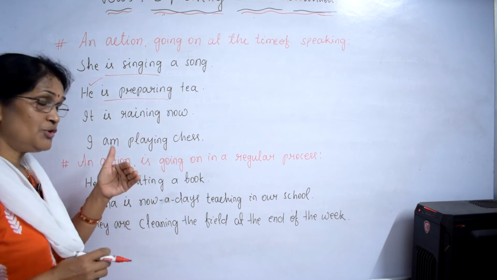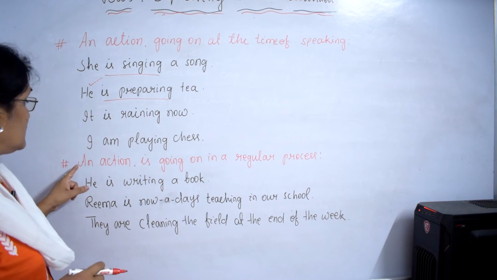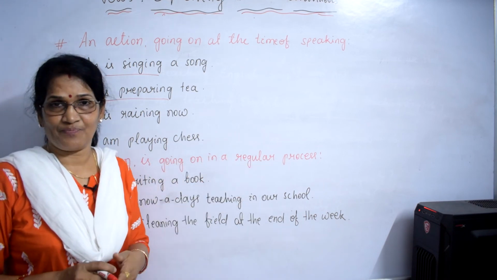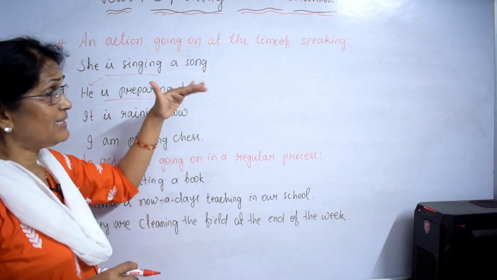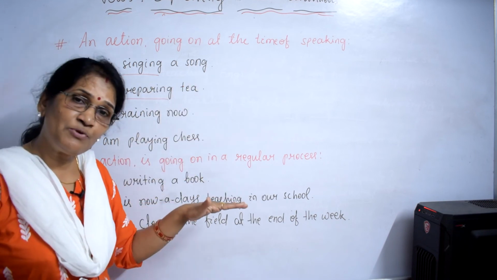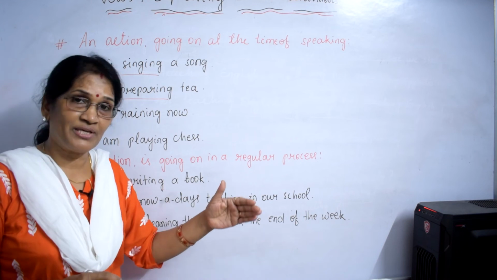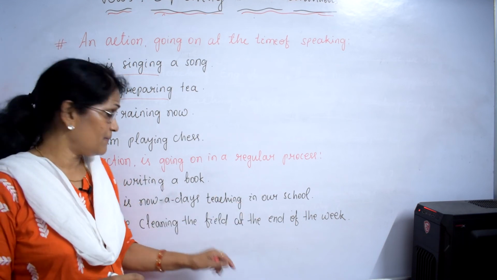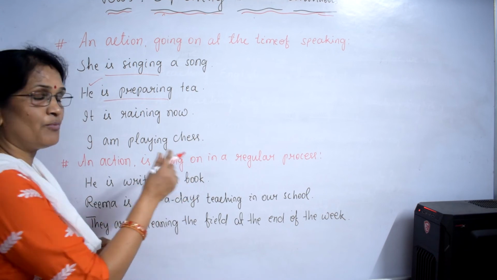Then we also use present continuous to denote an action going on in a regular process, not at the time of speaking. In a regular process, what is happening, what is going on, that is also expressed in present continuous. He is writing a book.